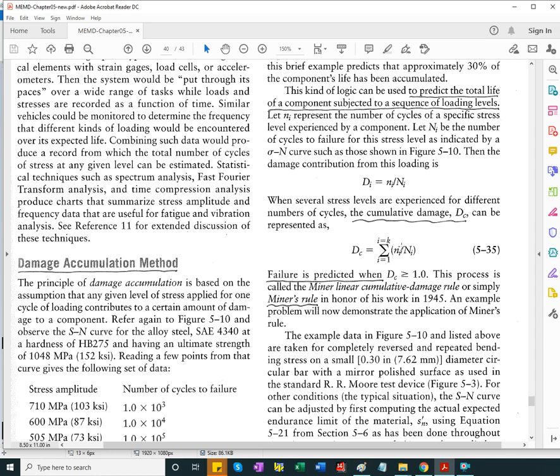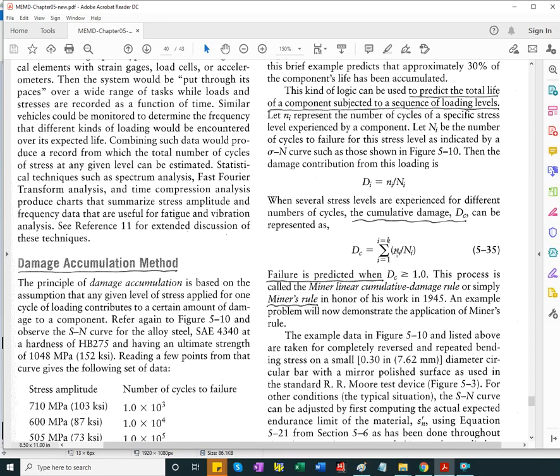So at the given stress level i, the material of the part would fail after this many cycles. You're using it for fewer cycles, lowercase n i.